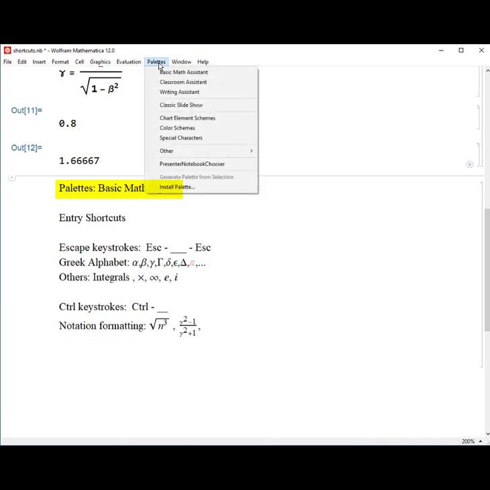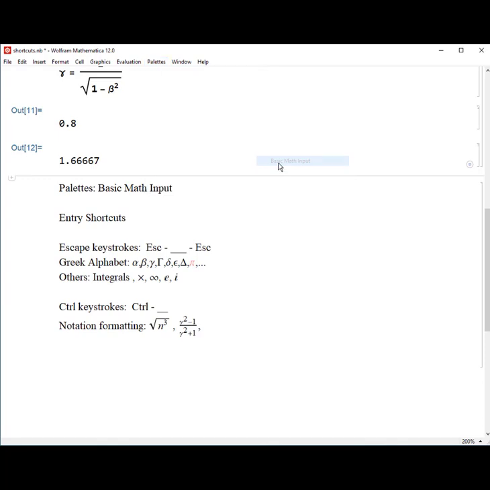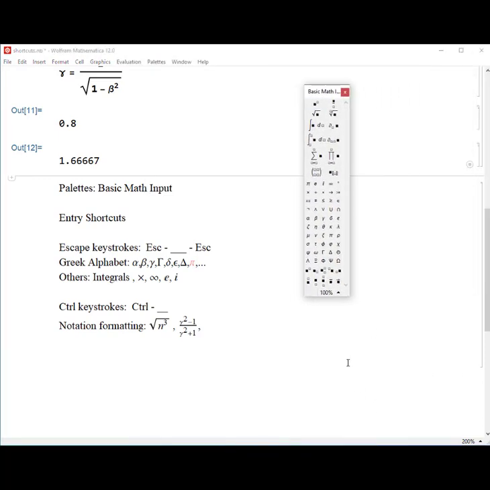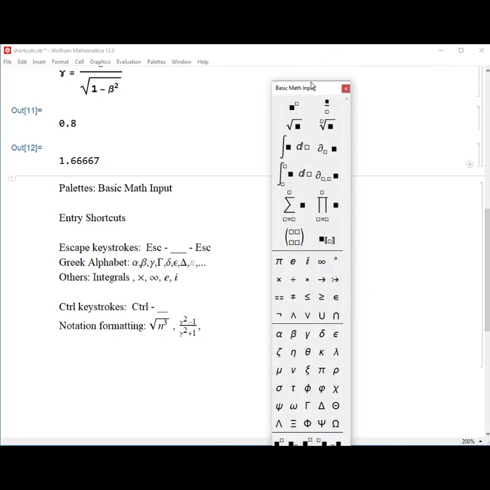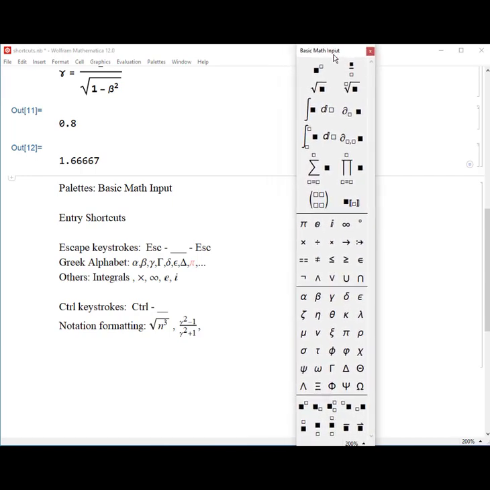I don't like the basic math assistant. There are some of these that you can use in there. I actually prefer to go down to Other and use the Basic Math Input palette. And here is what the Basic Math Input palette looks like. And I'll blow that up for you so that you can see that.